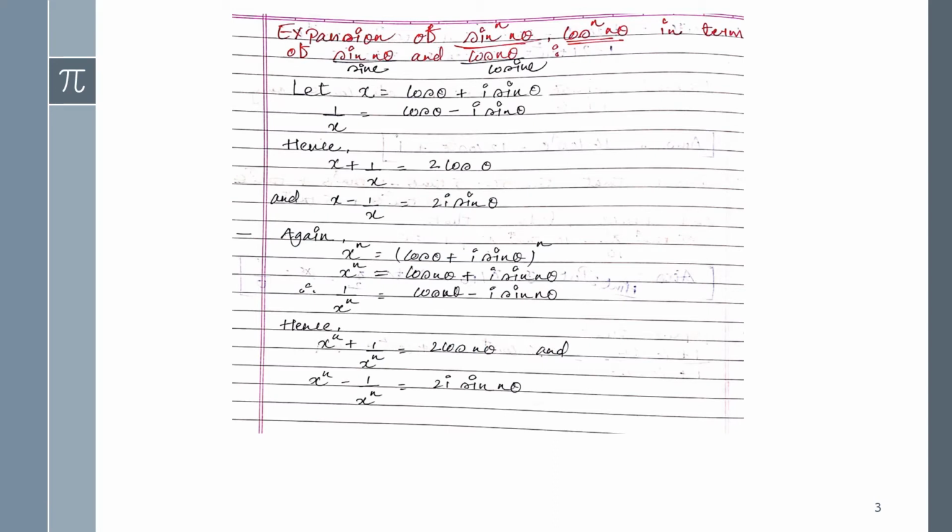Here you can see the method of expansion of sin raised to n theta and cos raised to n theta in terms of sin n theta and cos n theta. Now what will be given in the equations?